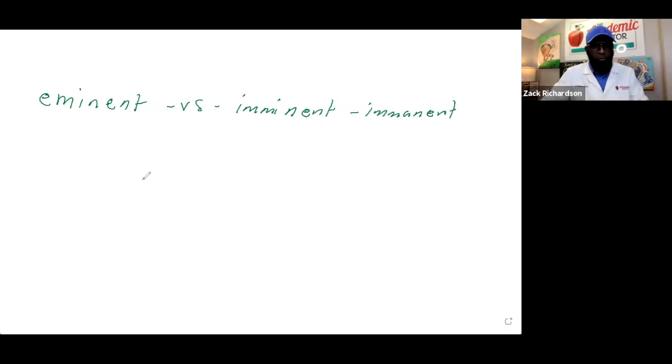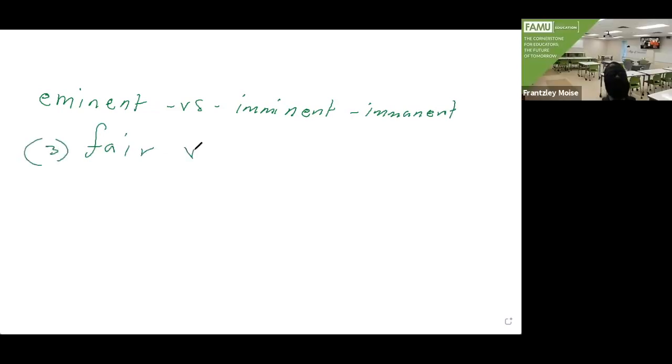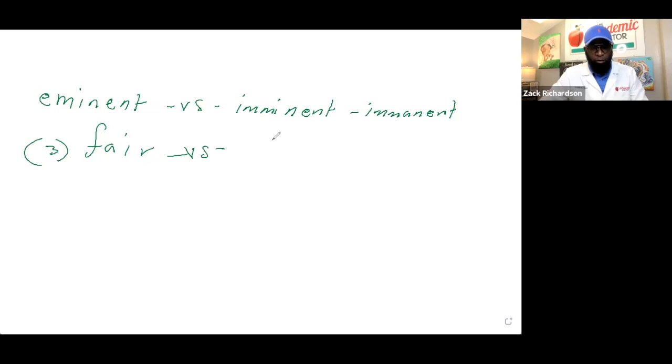Okay. You have the word fair, FAIR. Okay. And there's 3 meanings for the word fair. Be aware of that. Versus the word fare, which is FARE, that is commonly mistaken.